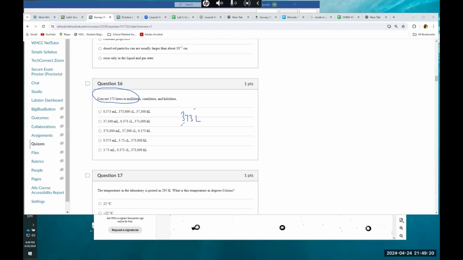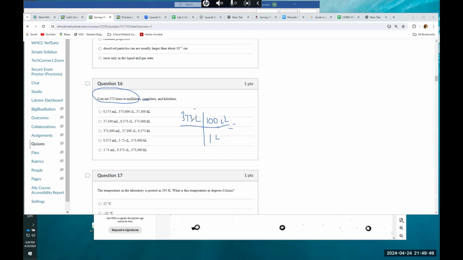So that's an L. For every 1 liter, how many centiliters? You said 100. That's right. Centi, basically century, 100 years, right? So 100 centiliters, CL, will equal 1 L.